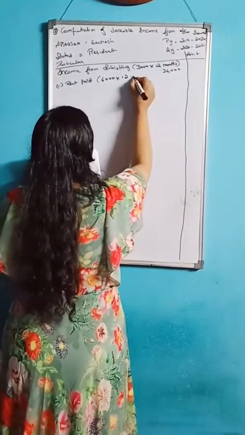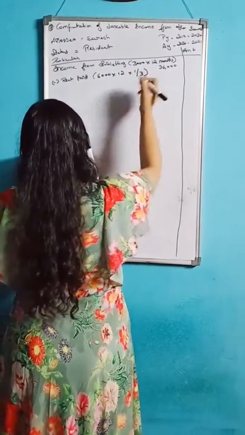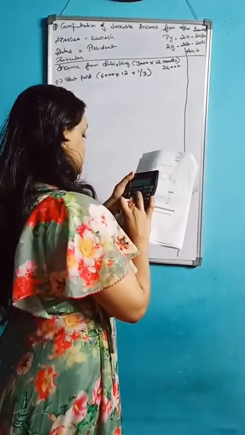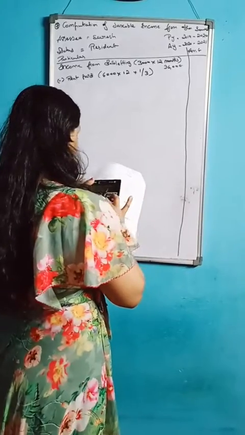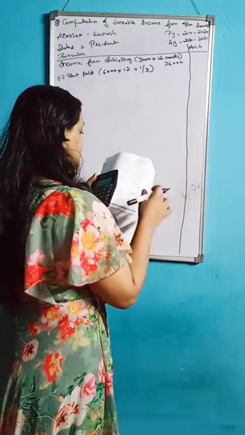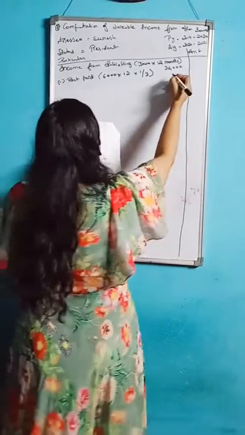So you should mention 1/3 of the portion. So how much will you get? That is 6,000 into 12 into 1/3, because in the question they have mentioned 1/3. So you will get 24,000.